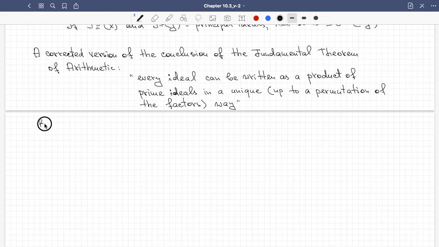So back to the example with the quadratic ring Z of root of negative 5.